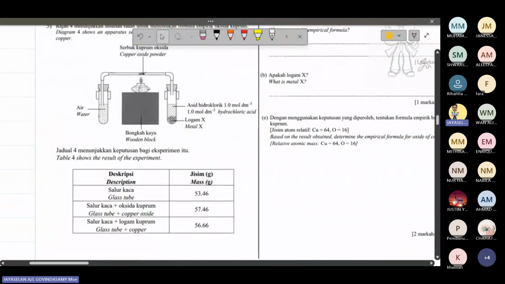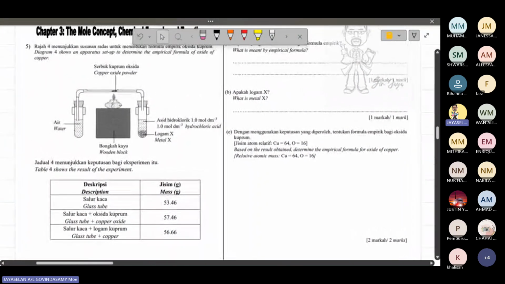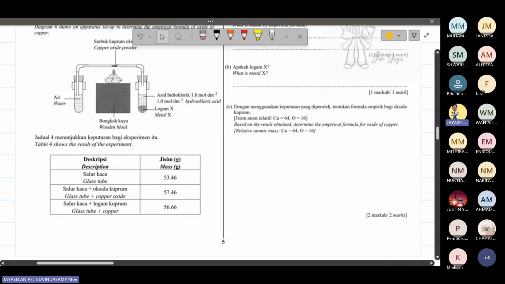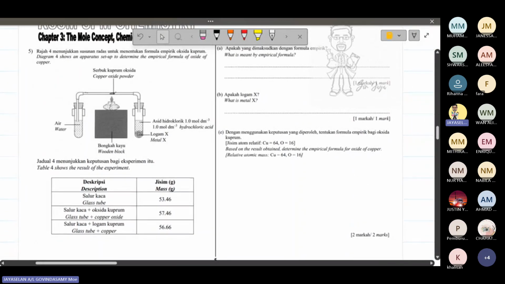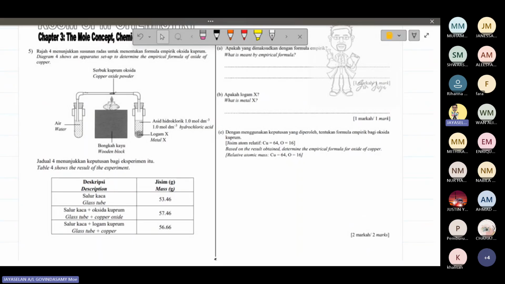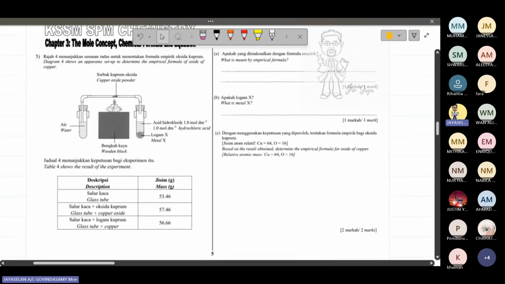Okay, we do this. Okay, 2 minit dari sekarang. Page number 5. Justin, understand?